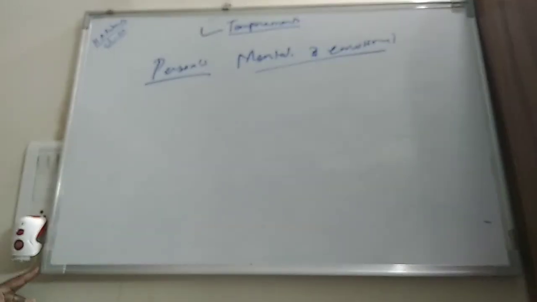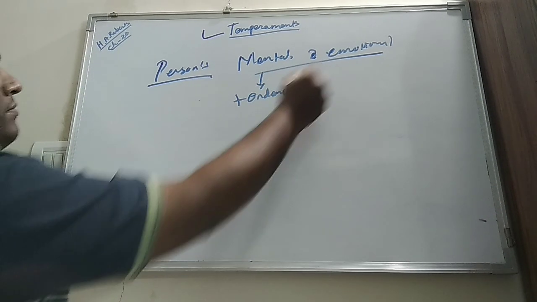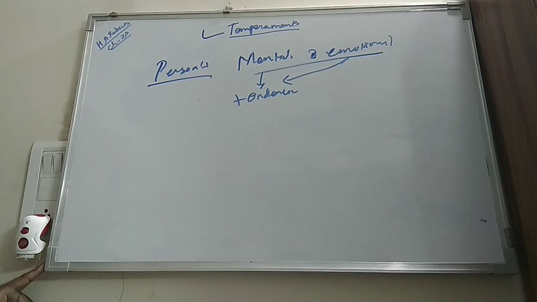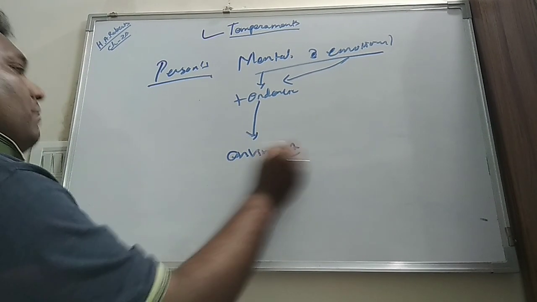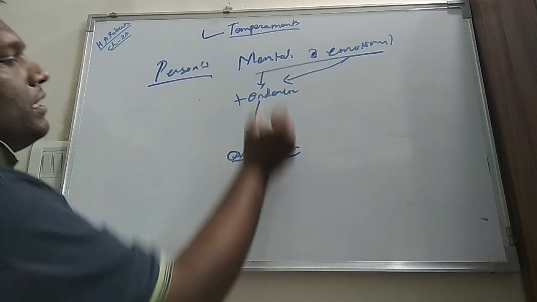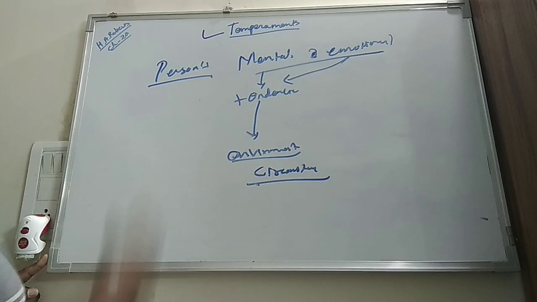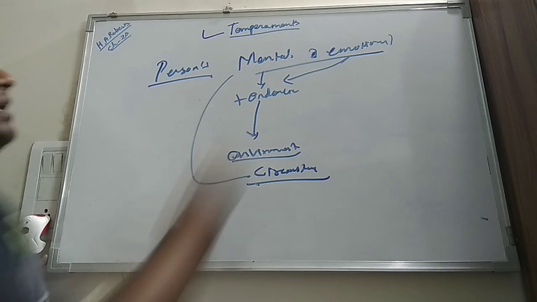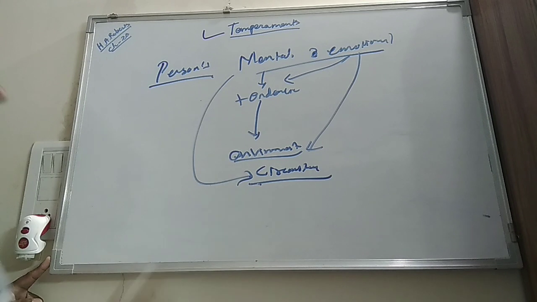Now, mental and emotional, these are tendencies towards environment. Now, environment or circumstances: how a person behaves, or in which environment what a person feels. These are basic parts of the temperament.